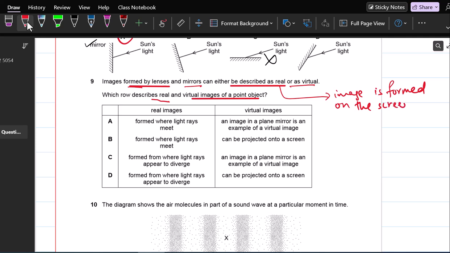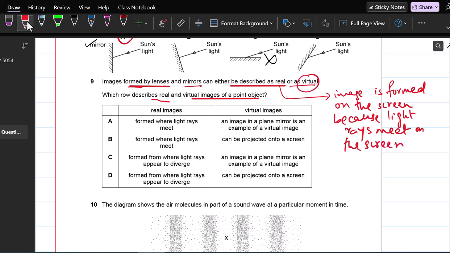Why? Because light rays meet on the screen, whereas in a virtual image it is not going to be possible. So A option is saying real images are formed when light rays meet.